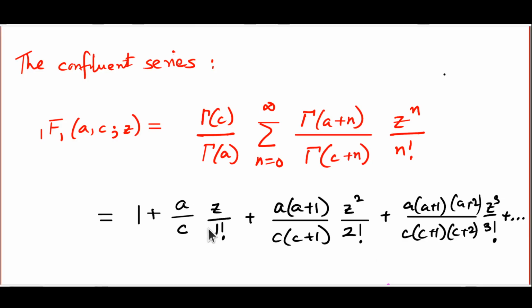Now, one general statement can be immediately made from the form of this equation. If c were a negative integer or 0, this series simply cannot be a decent solution because it has coefficients which will diverge.